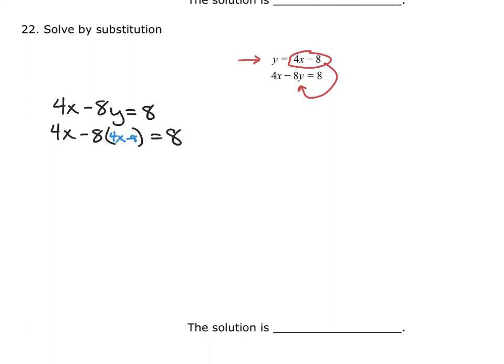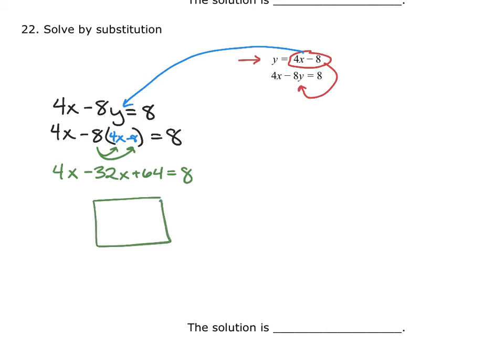4x minus 8 times the expression. Cool. We see a number in front of parentheses, we know we have to distribute. We'd have 4x minus 32x plus 64 equal to 8. I'm going to use the box method, but if you like to use inverse operations here, go ahead.